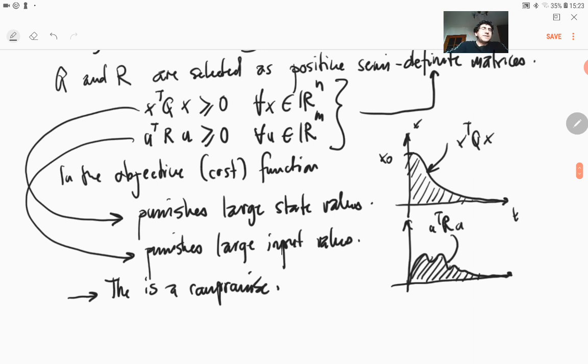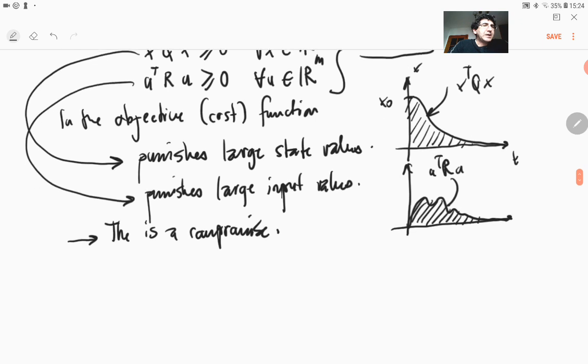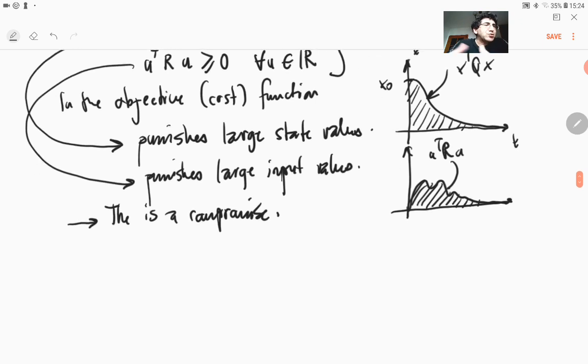The interesting thing about the linear quadratic regulator is that it's a problem created to generate control inputs while also respecting certain limits or constraints on the inputs. For example, if you have certain motors with certain capabilities, you cannot saturate your motors.